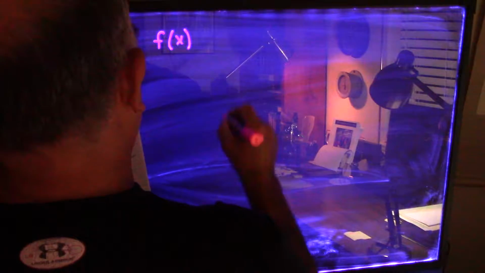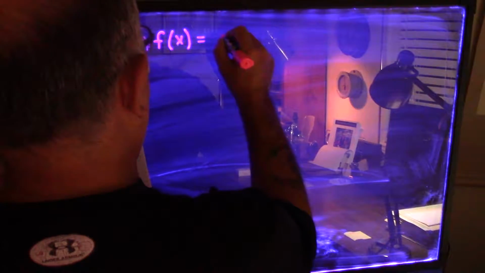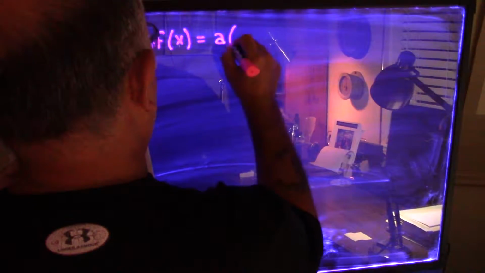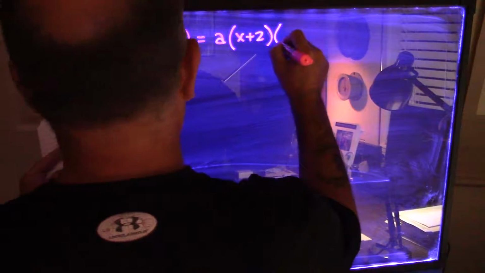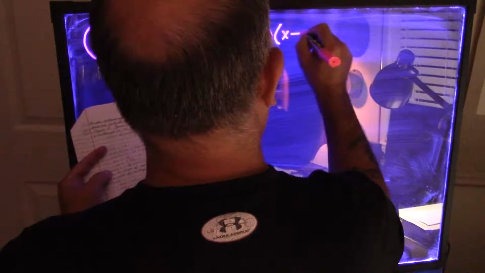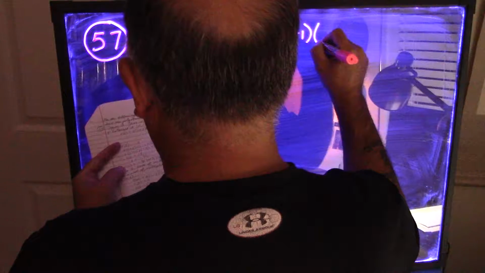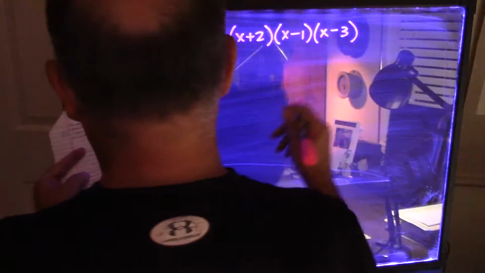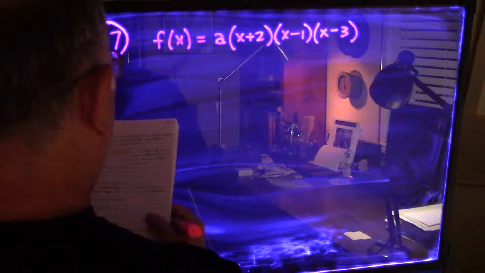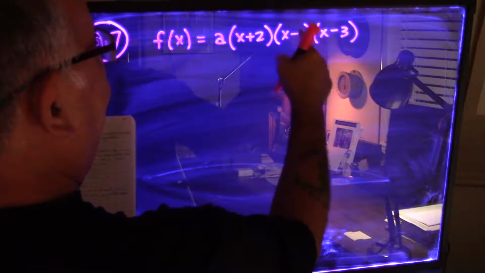All right, so f of x equals leading coefficient a times (x plus 2)(x minus 1)(x minus 3). Okay, so all the multiplicities are 1, power 1 up here.